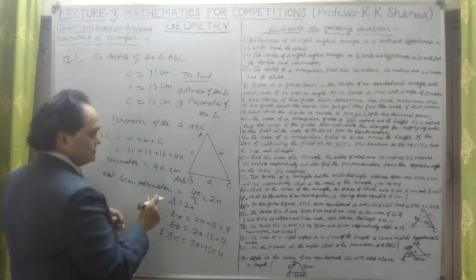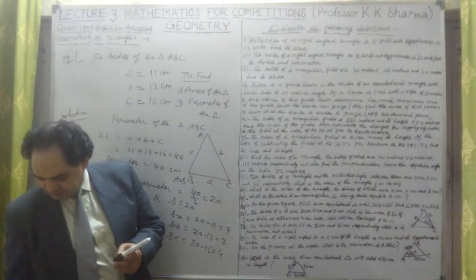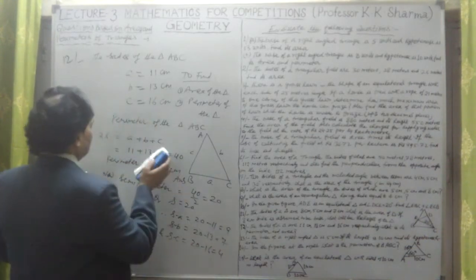The first answer was 40 centimeters perimeter. Now for the area, we have to find it out. Let me write it here.